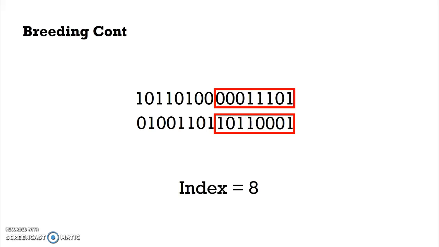So it's pretty basic, and it produces 2 offspring for your 2 parents using this crossover. Now, there are multiple ways you could do this, such as 2-point crossover or arithmetic crossover, but this is one of the most basic ways to breed your 2 strings together.